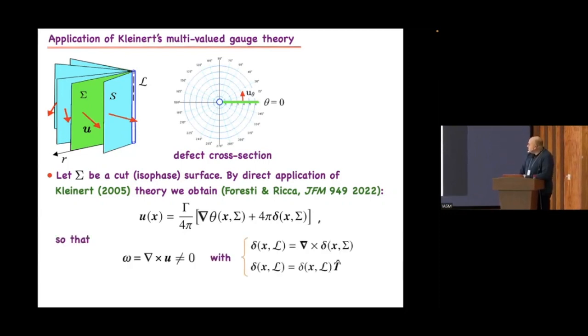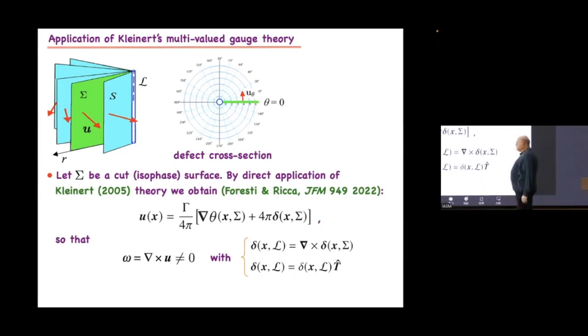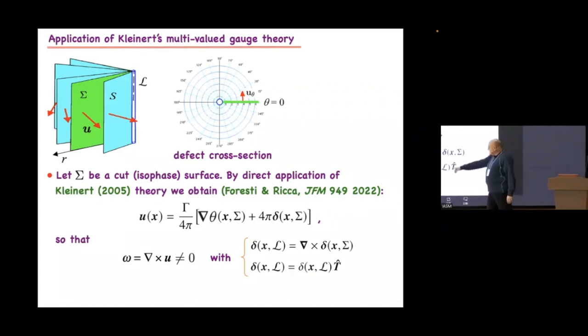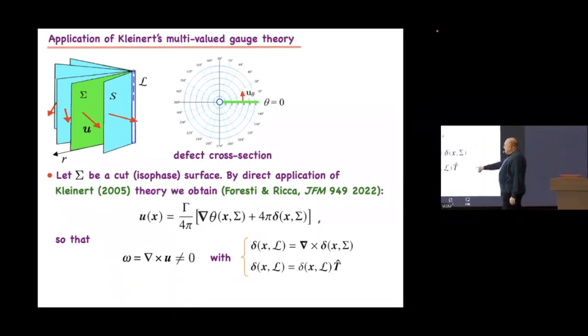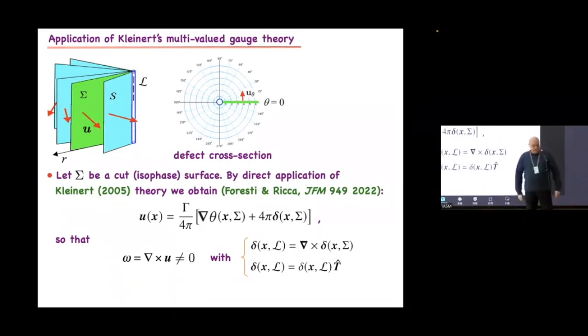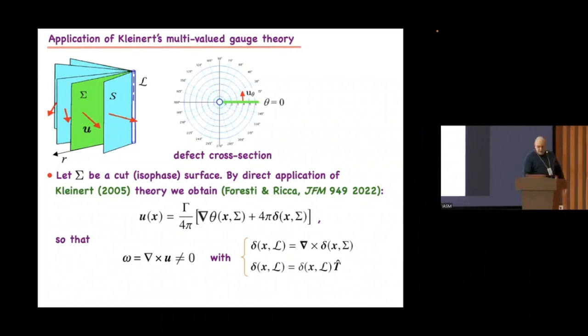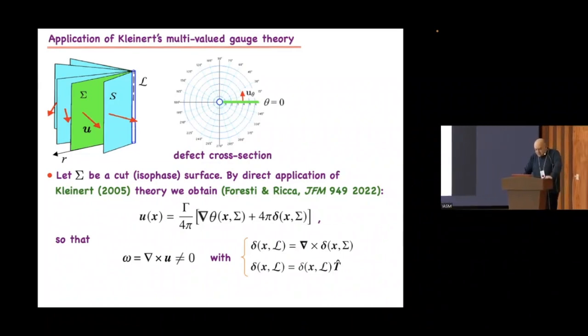Now, with this result, you are okay, because now the vorticity is different from zero, because you just apply these definitions. The Dirac delta is along the tangent of the nodal line, and then it has a well-defined curl. All right, so these are just the basics.